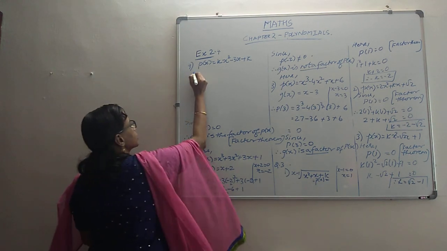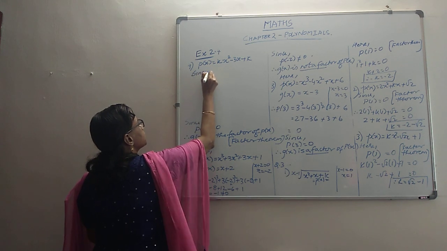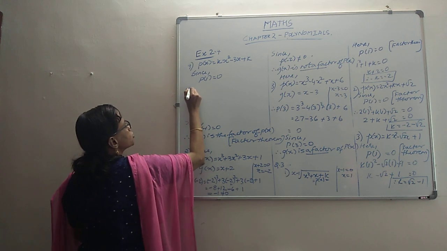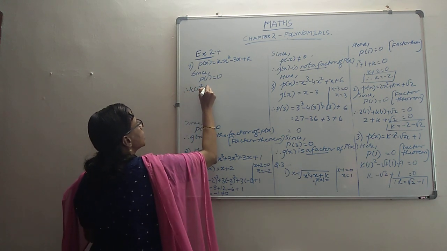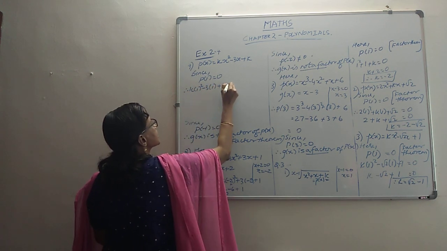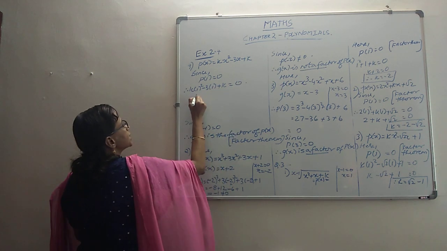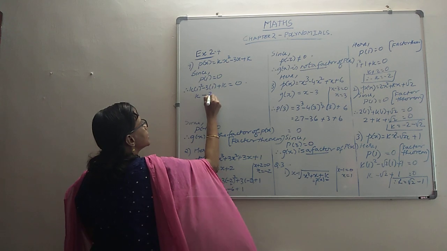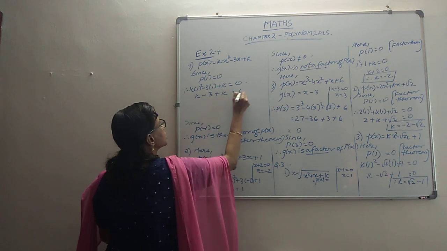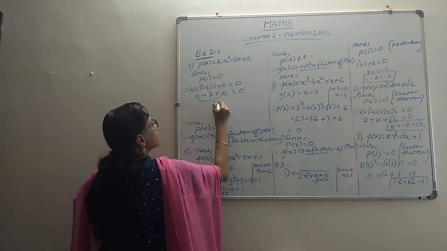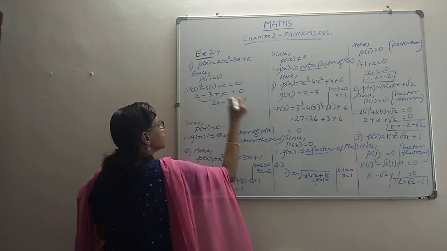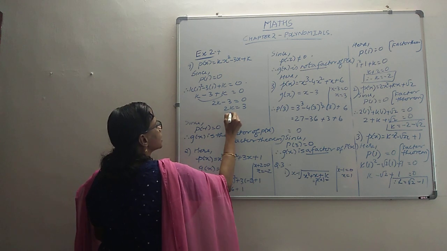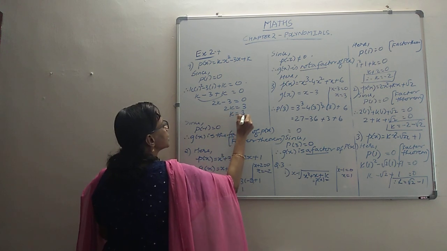Same working there, since p of 1 is 0 by factor theorem, therefore it is going to be k times 1 squared minus 3 times 1 plus k equal to 0. So it's going to be k, 1 squared is 1, so k minus 3 plus k becoming 0, k plus k, it's 2k, minus 3 equal to 0, minus 3 is going on the other side, it will become 3, and k becomes 3 by 2.